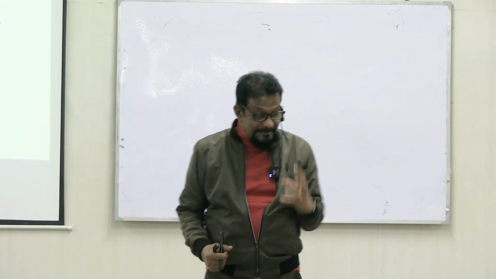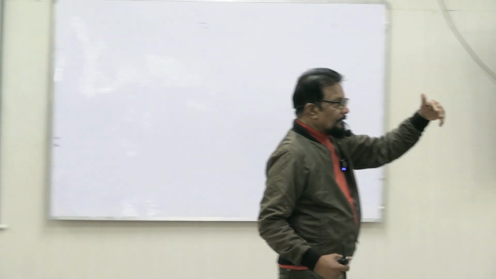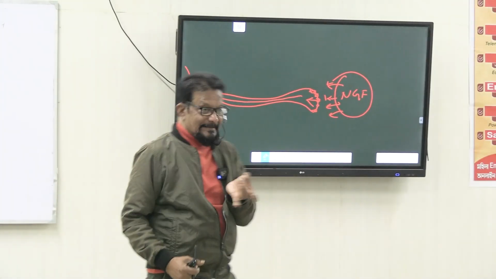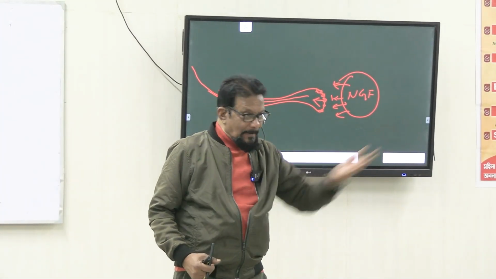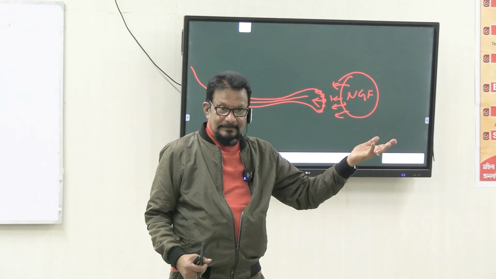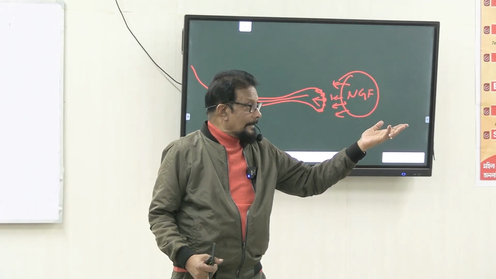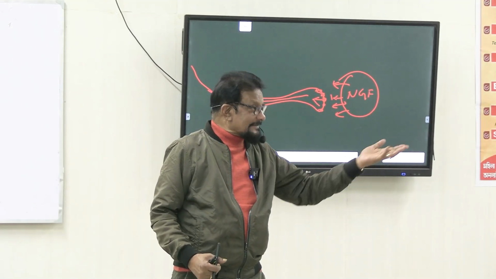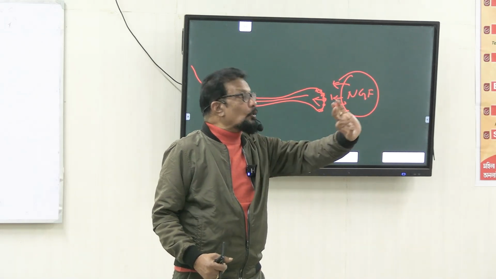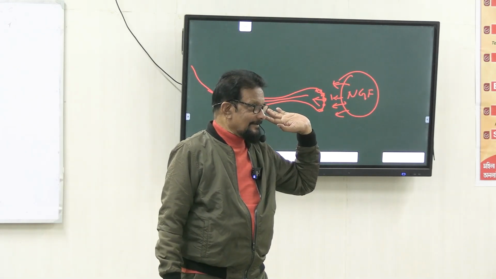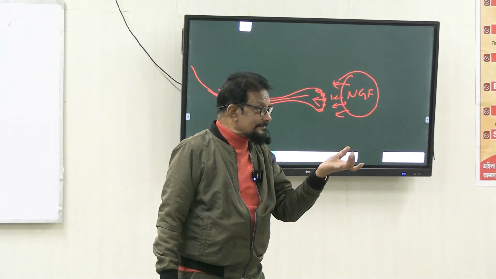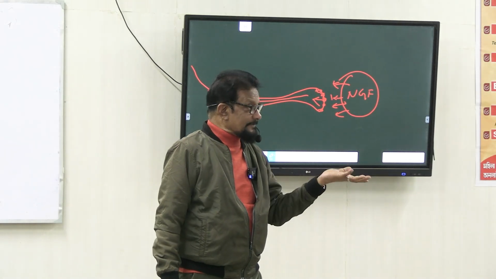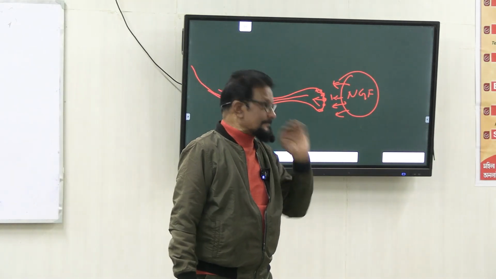These ions have channels. They pass across the membrane through their own channels. All are having their chloride channels, sodium channels, potassium channels. So they are having their respective channels.